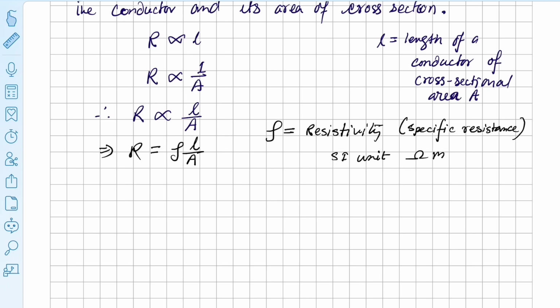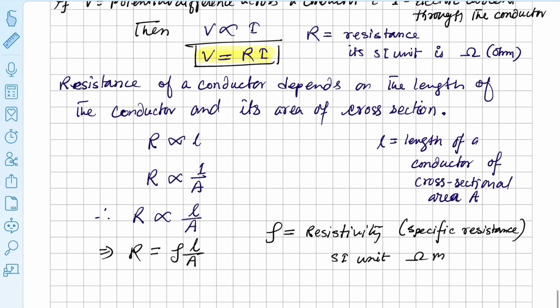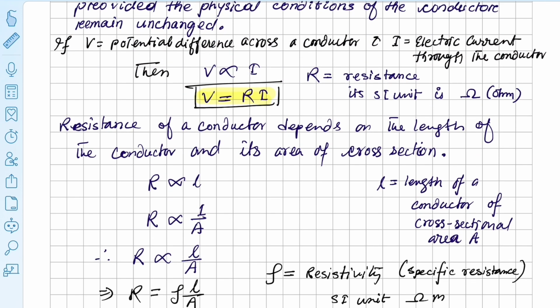Now you see, from Ohm's law, V is equal to IR. Instead of writing that way, let me use equation numbers.